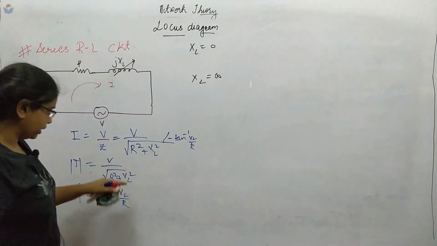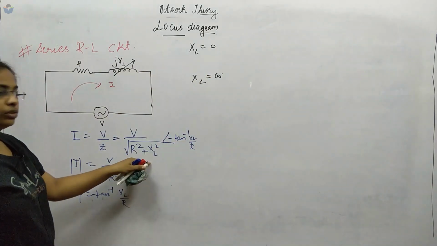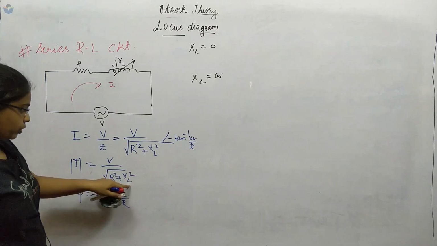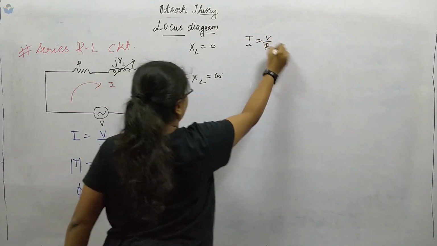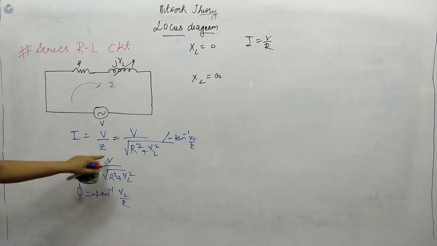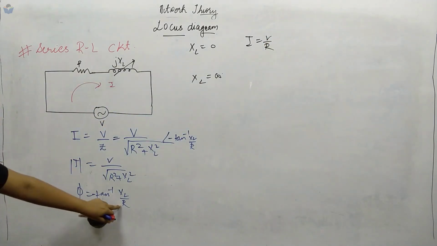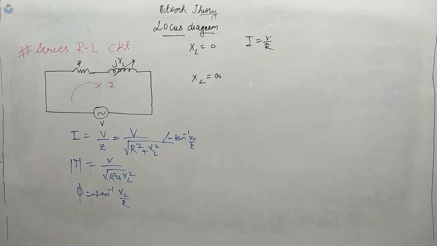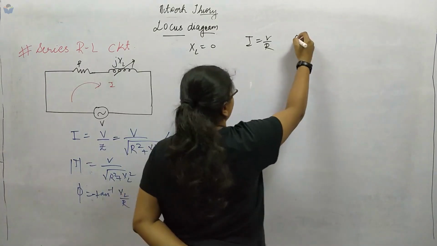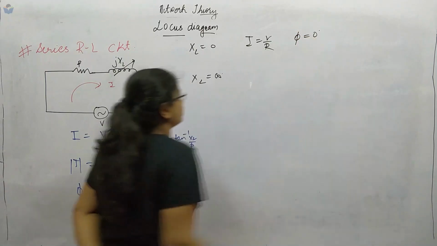Now put XL equal to 0. For the magnitude, put XL equal to 0, you will get I equal to V by R. Similarly here also put XL equal to 0, so tan inverse of 0 is nothing but we will get phi equal to 0 degrees.